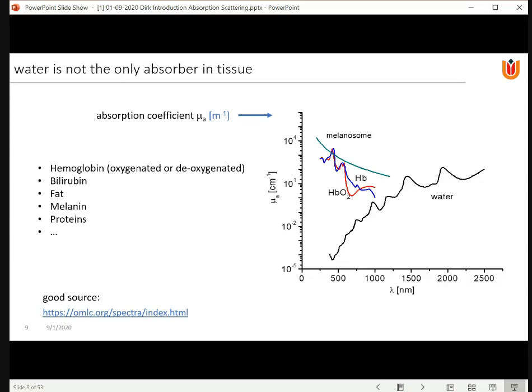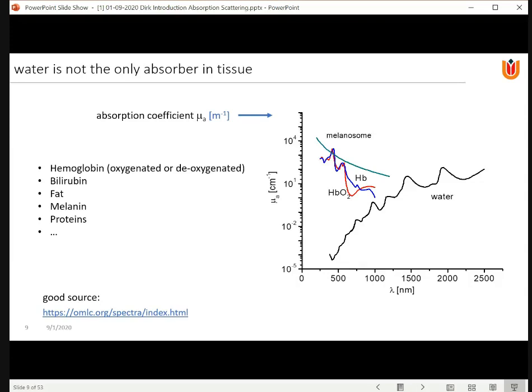So the short answer is that this is absorption as a function of wavelength. Scattering as a function of wavelength also has a wavelength dependent profile, and in this case it means that the longer the wavelength, the less scattering.